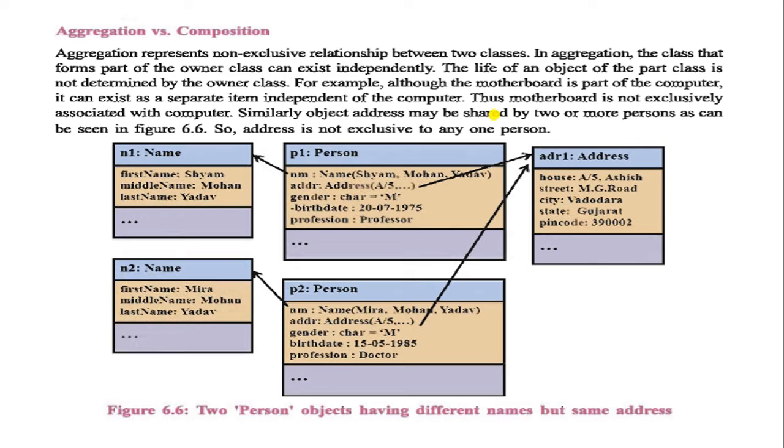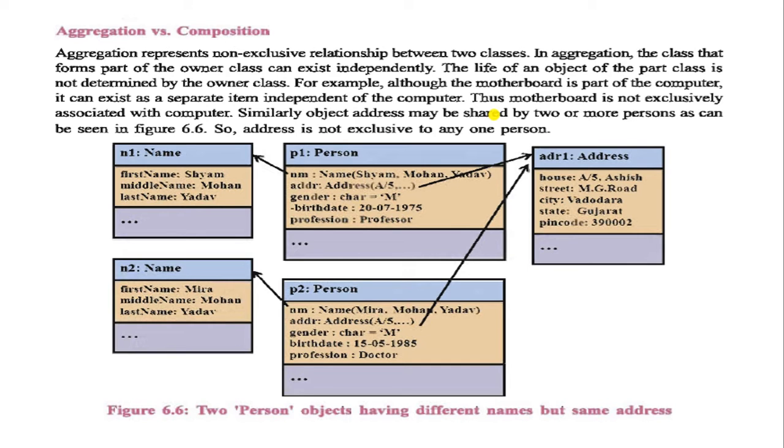For example, although the motherboard is a part of the computer, it can exist as a separate item independently of the computer. Thus the motherboard is not exclusively associated with the computer.